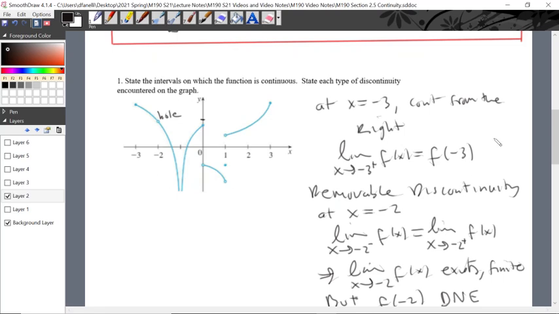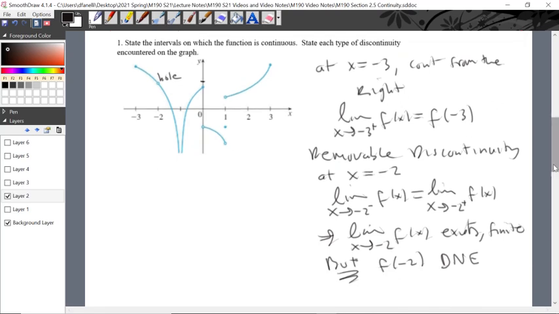Now, if you have a removable discontinuity, does that mean that the function does not exist there? That's not necessarily true. That -2 as an input could have output a point with a y value somewhere else, like here. Let's suppose that that point existed. Then the y value for this point right here, if the x value is -2, would be f of -2.